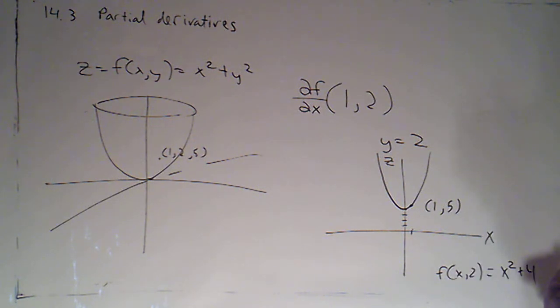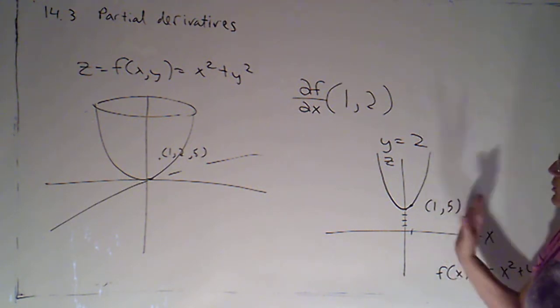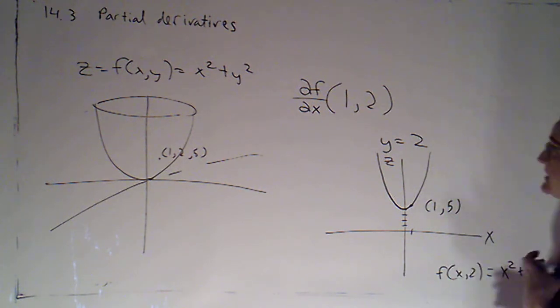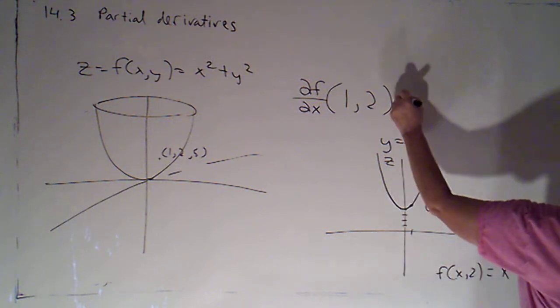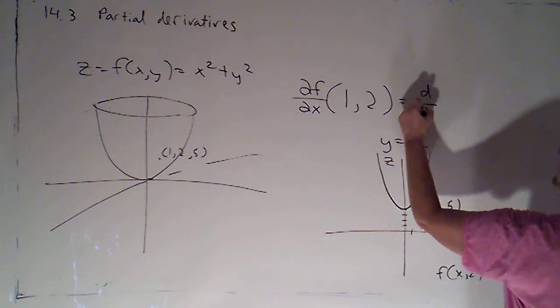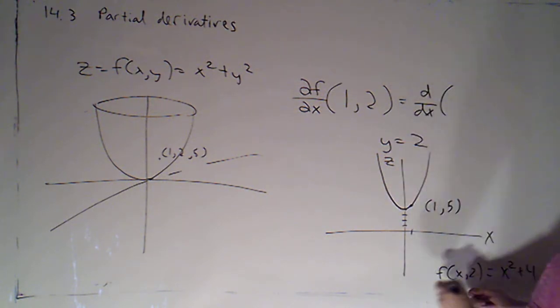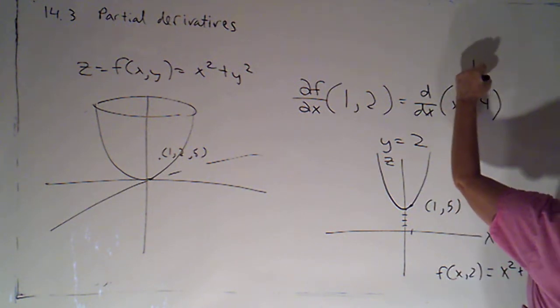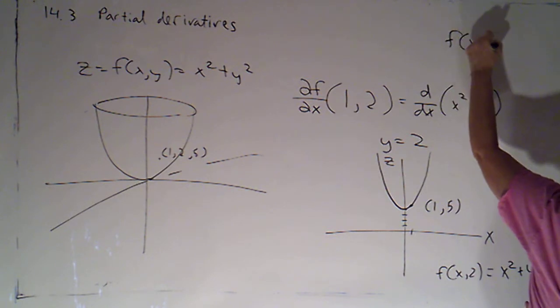Okay, excellent. So what we're trying to do now is see what's the rate of change of z with respect to x. So I'm saying this is the full derivative of this function, x squared plus 4. That's my f of x, 2.